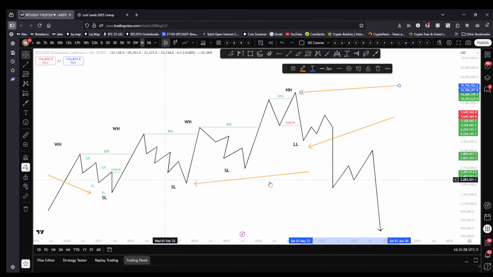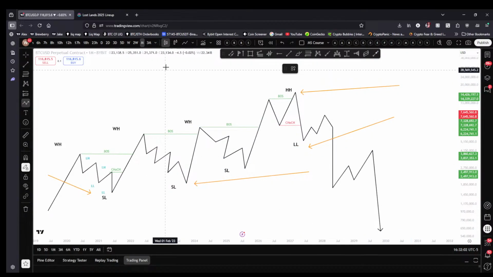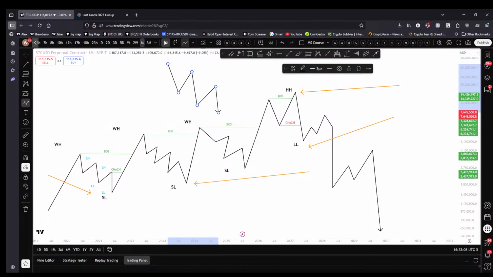Now, what do you know about market structure? A downtrend is going to be making lower highs and lower lows. An uptrend is going to be making higher highs and higher lows. So if you're making higher highs and lower lows, you're not trending.